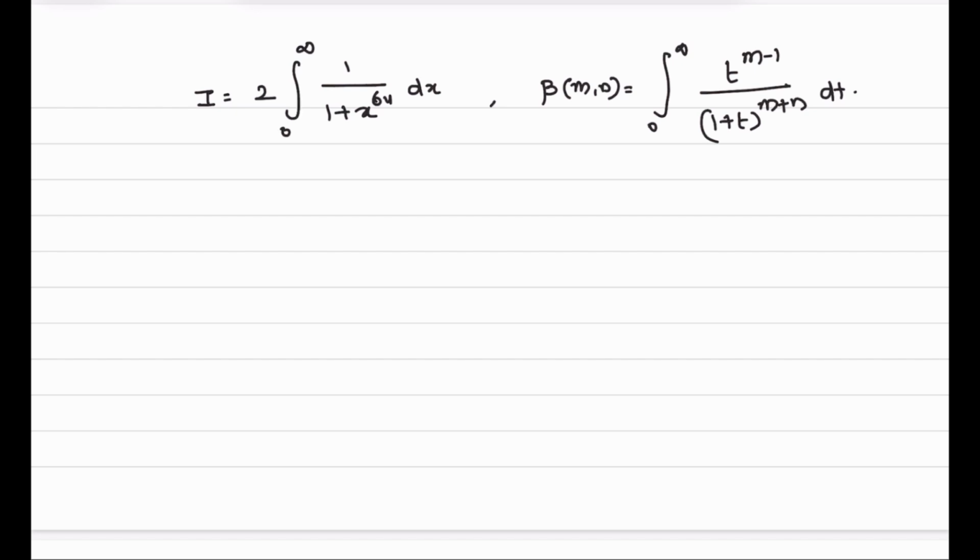Now, let us go for this. This is in the form integral 0 to infinity dx by 1 plus x to the power of n.